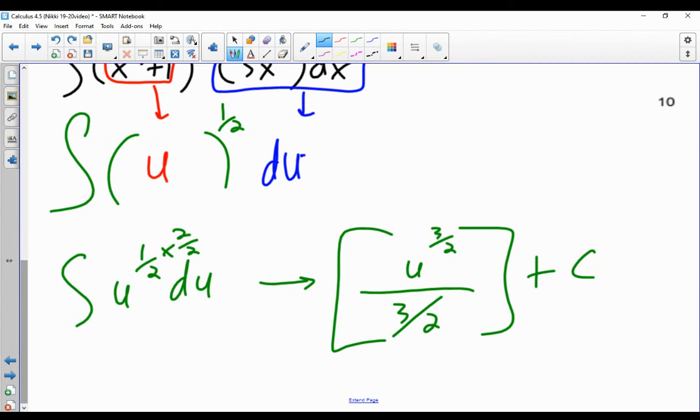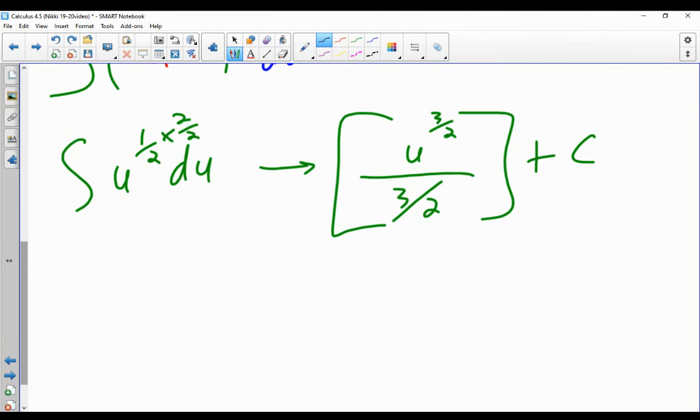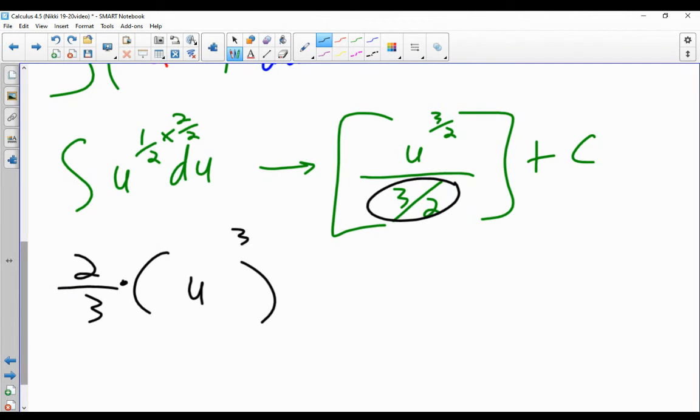Moving on from that, we probably should rewrite the division of 3/2 as the multiplication of the reciprocal. Dividing by 3/2 is the same thing as multiplying by its reciprocal 2/3. And that's going to be multiplied by u to the 3 over 2 plus c.